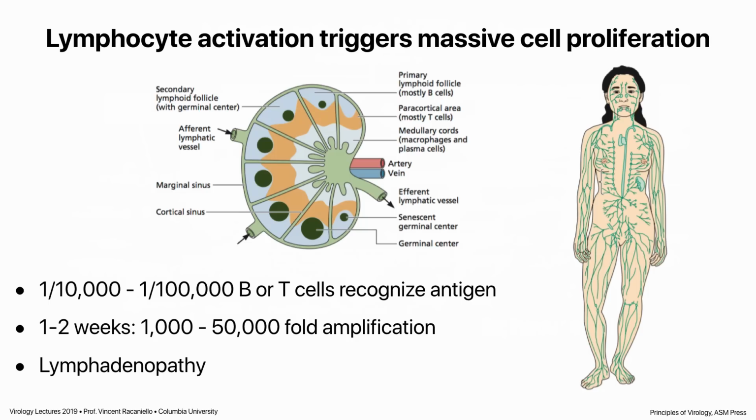So when the dendritic cells enter the lymph node with a peptide displayed in MHC2, again, they interact with B cells and T cells, and here's a lymph node in the middle, and it has a number of different areas which are devoted to the development of B cells, the primary lymphoid follicle, the paracortical areas, mostly T cells, and so forth. And that's where these dendritic cells will go in to interact with these two cell types.